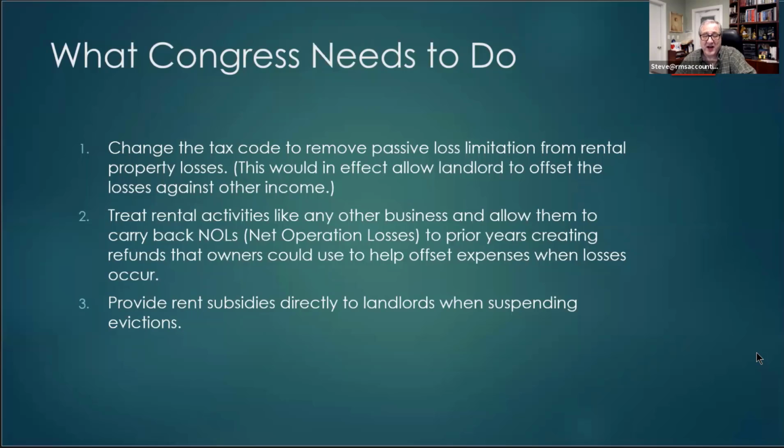Any provision that Congress makes to help catch up rents, pay back landlords for this, needs to be paid directly to landlords for the rents they lost. It should not go through the tenants' hands, or the landlords are never, ever going to see it.